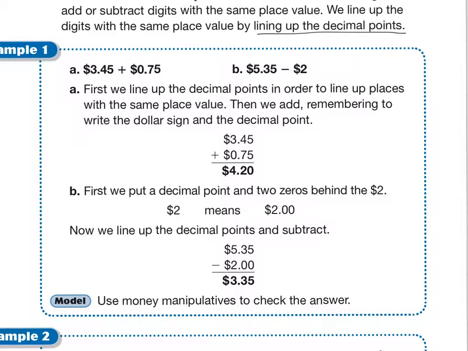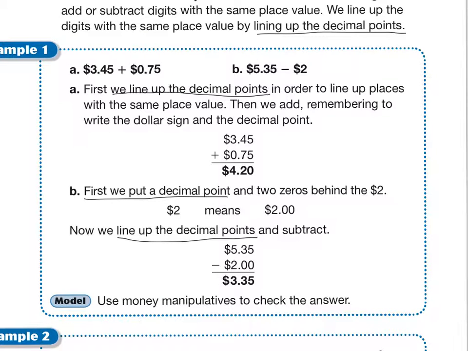I know this is very important because as you continue through the lesson, especially the example, they talk about lining up the decimal points. And when we get to the $2 one, they want you to make sure you have a decimal point and then you line up the decimal point. So very, very important to line up your decimals.